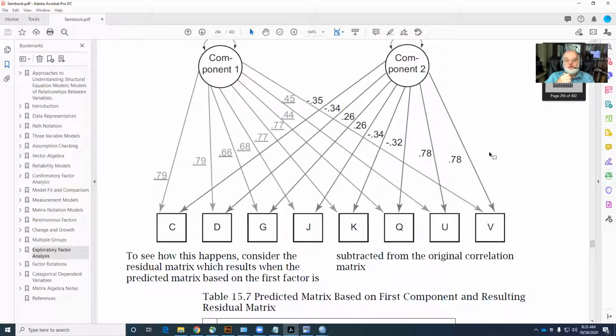You could extract a random intercept factor model where you have one factor that has loadings that are freely estimated and another factor that has loadings fixed at one. If you have five variables, you can start to extract two factors again. So that's kind of the way the numbers go.